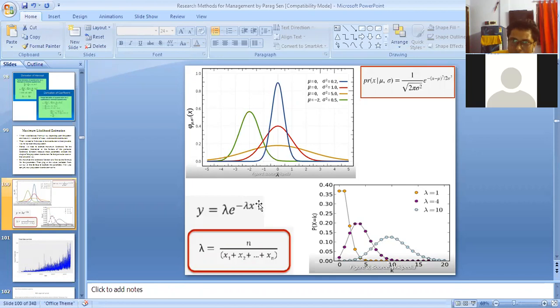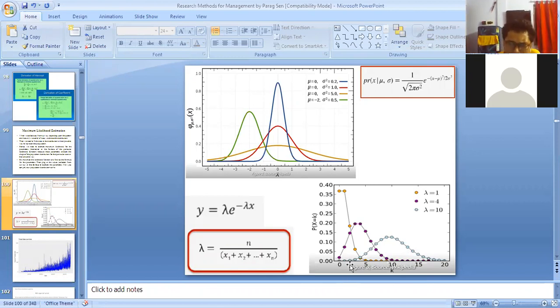But when you are considering the time span or the volume in between some events, suppose 1 hour of time between 2 calls, then you will use the exponential distribution, and along the x-axis this is represented. Anyway, you can easily understand that if you go through my slides. I'm not discussing those things here.